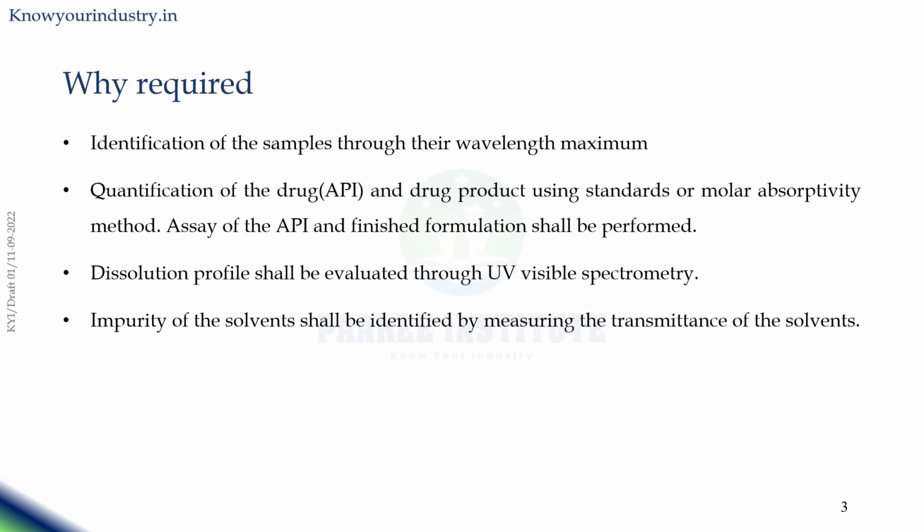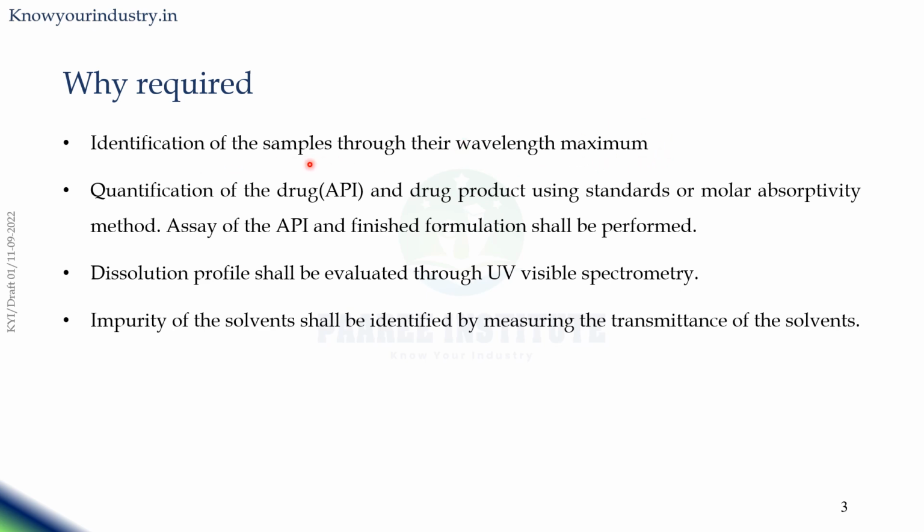Now, what are the applications? Why is this UV visible spectrophotometry required? It is used for the identification of the samples through their wavelength maximum. So as I told you in the previous slide, the wavelength maximum is a specific property of a drug molecule or a chemical which will be used to identify the samples.